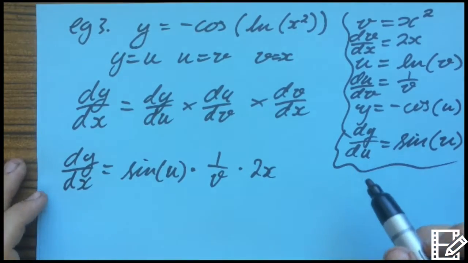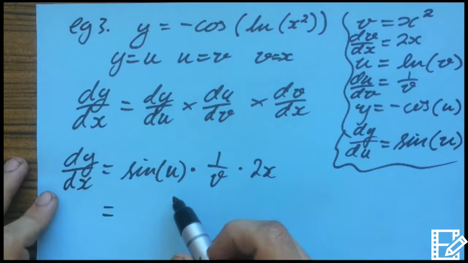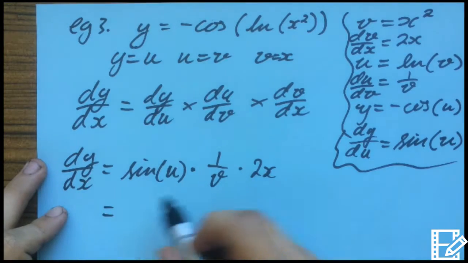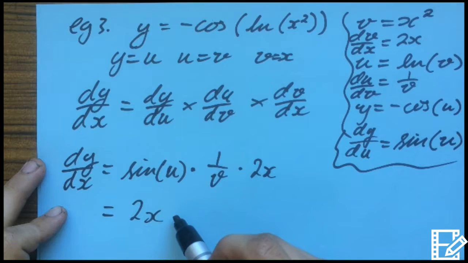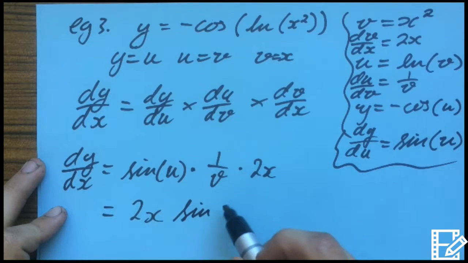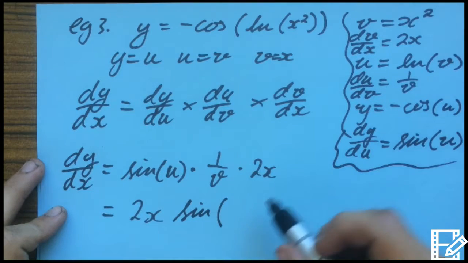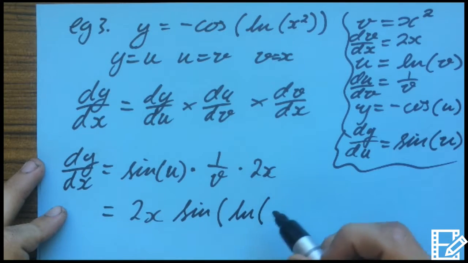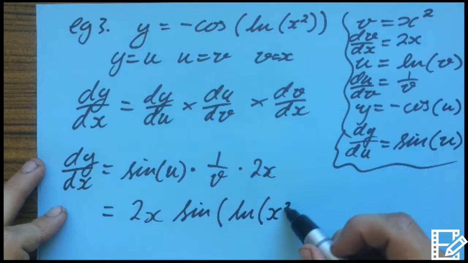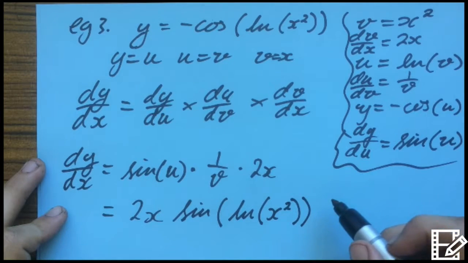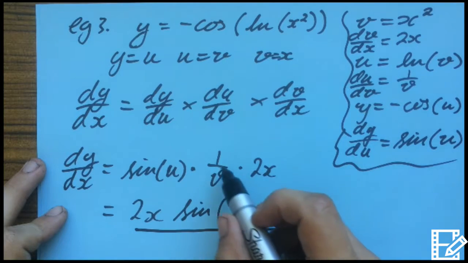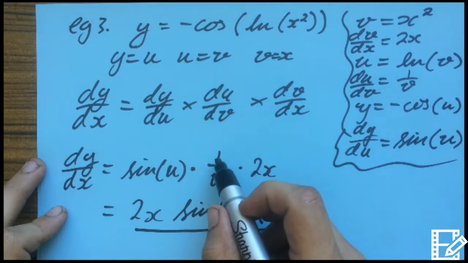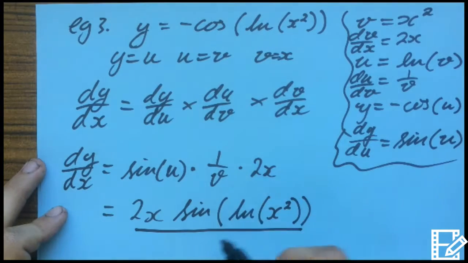So if we were to rearrange this and sub in the values, we would end up with 2x at the front, sine, sub in u is ln v, we'll sub in v, x squared, and then we'll put that on the top of this fraction, because we're multiplying, it becomes the numerator.